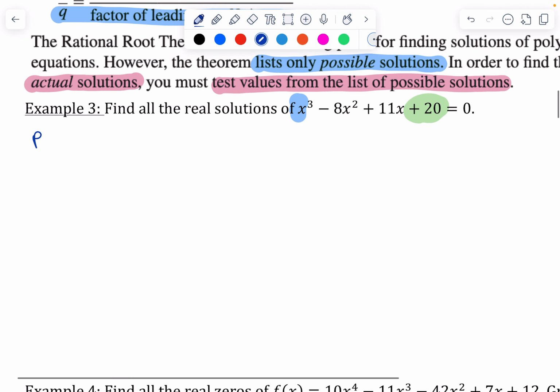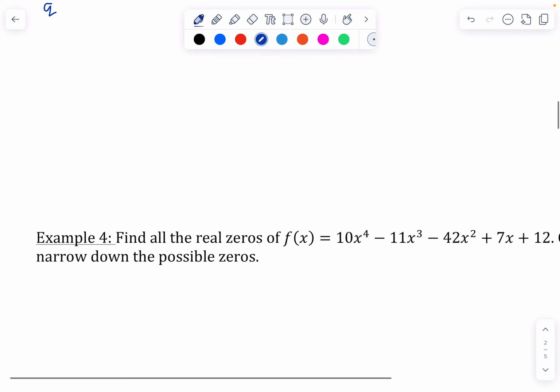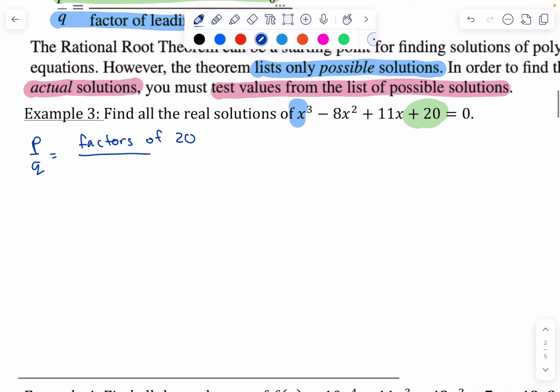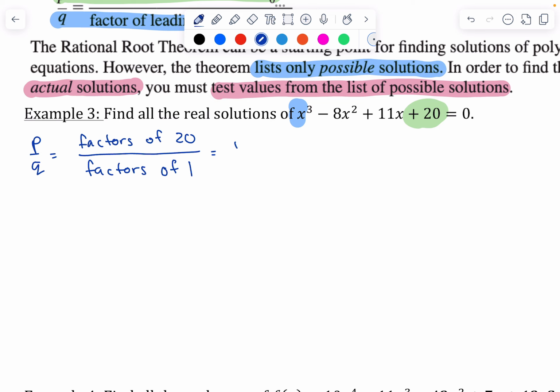So again, I'm doing the factors of 20, the constant term, over the factors of 1, the leading coefficient. So positive or negative 1, 2, 4, 5, 10, and 20 over just 1. Okay, so now what are the possibilities?